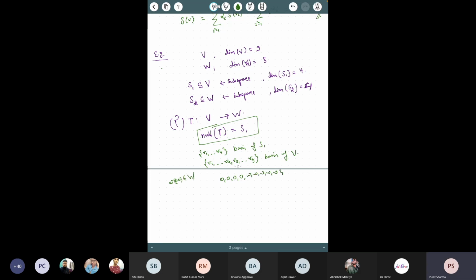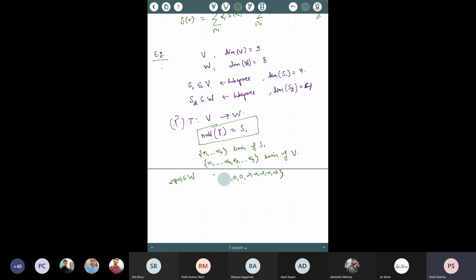Now you have chosen these 9 vectors in W. So now you know there is a map that sends Vi to Wi. You don't have to write it this way; this is just for your understanding. From the previous result, you can always find the map T from V to W such that T of Vi equals Wi.